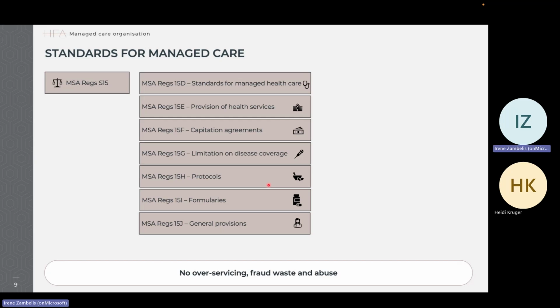And that's a very important foundation, which comes to this section of Regulation 15. And we can see here in Regulation 15, they talk about the standards for managed healthcare. That we don't just cut costs, that you are transparent as a scheme, you put protocols in place, which is a treatment plan, but you make it transparent, which is important.